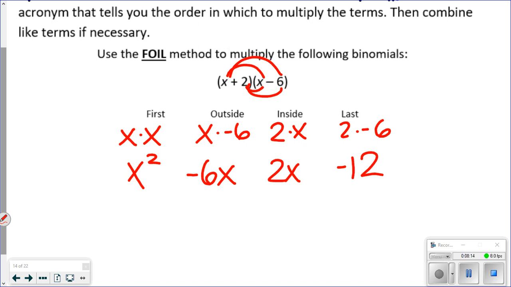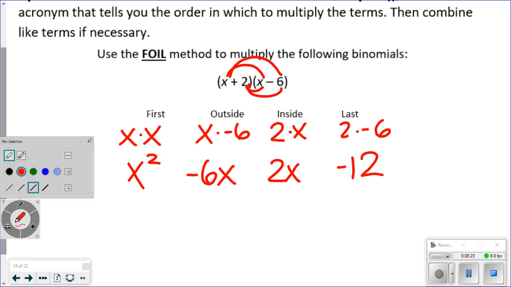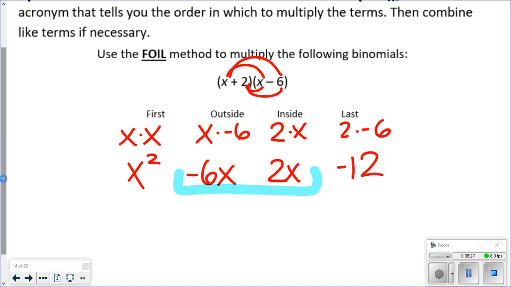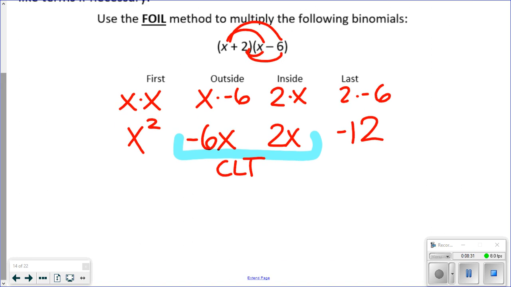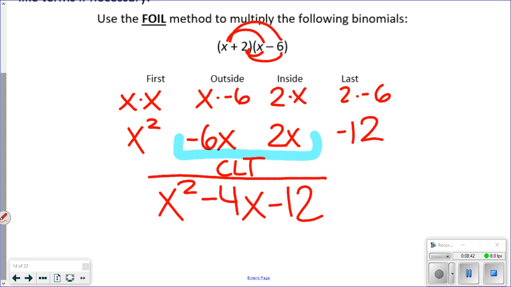So hopefully you see the first terms, then the outside terms, then the inside terms, and the last terms. So then, just like before, I need to combine my like terms. CLT, combine like terms. So I get x squared, negative 6x plus 2x is negative 4x, and then the minus 12 is at the end, and that would be my final answer.